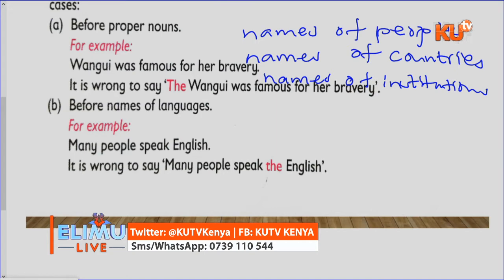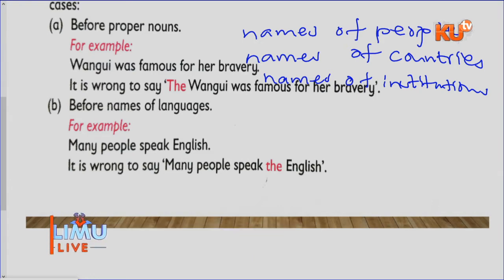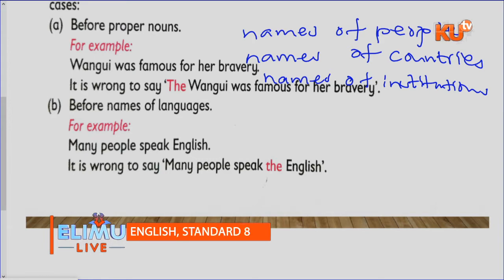It is also not used as a determiner before names of languages. Many people speak English. It is wrong to say many people speak the English or the Kiswahili, right? Or the French.